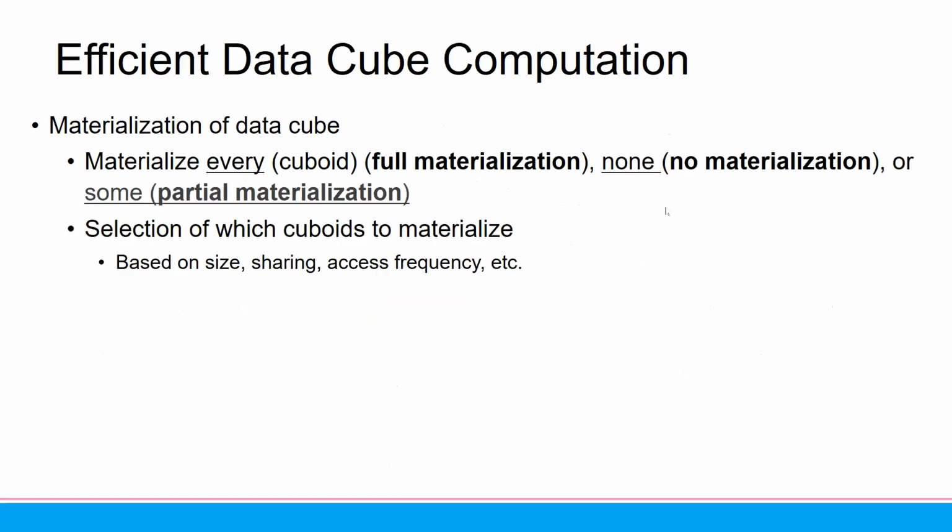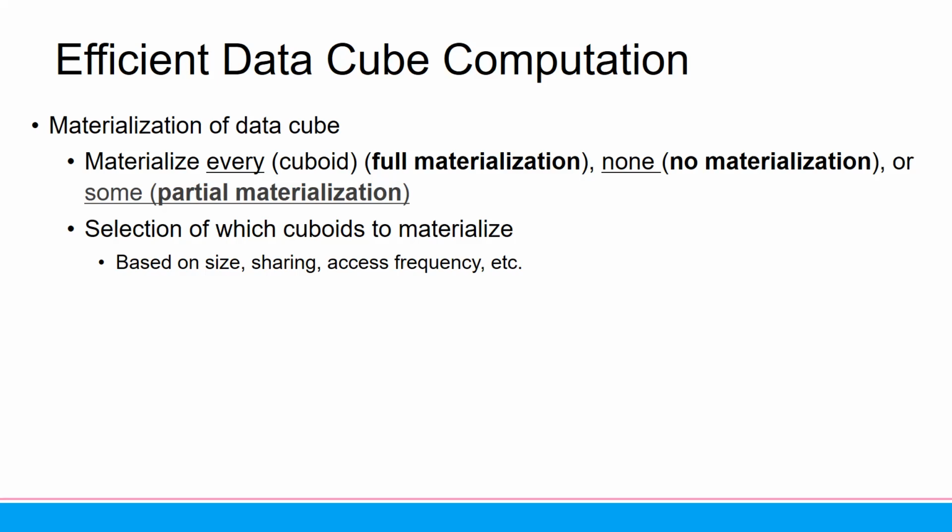The efficient data cube computation is based on the materialization of the data cube. When you try to materialize every cuboid, this is the way to efficient data cube computation.